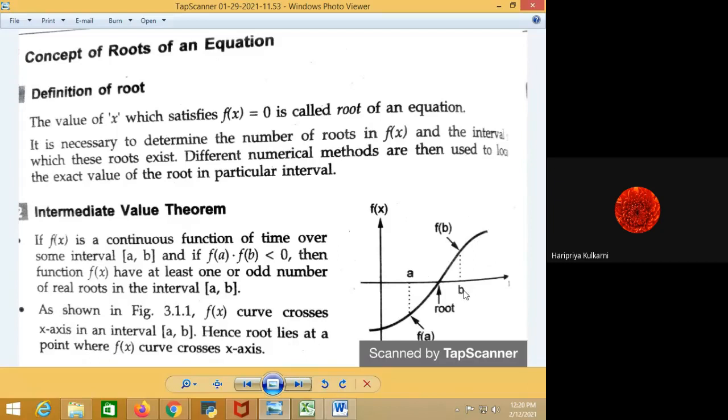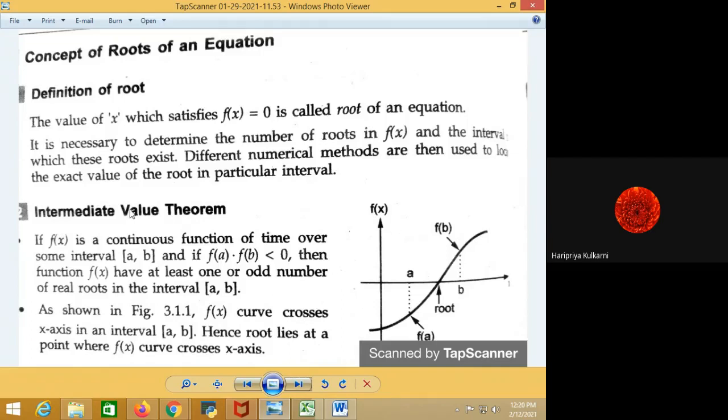Whereas if you put the value b in the function, we find f of b as a positive value, say positive 3. So here we get plus 3 and here, let us say, minus 4.